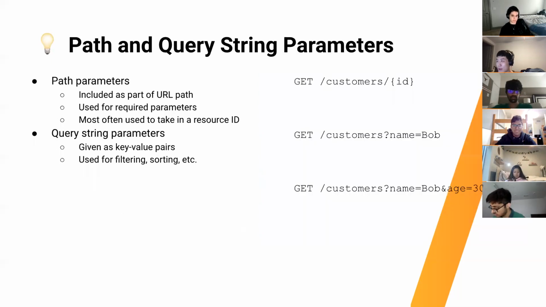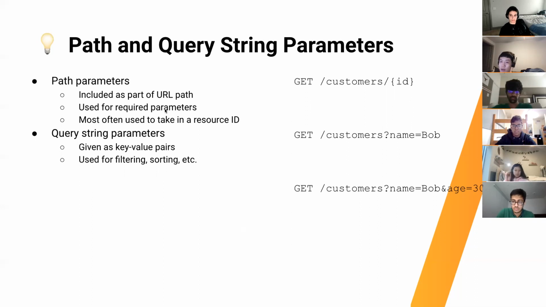Okay, so next is path and query string parameters. What these are is a different way to send more data with your request, basically. So path parameters, usually they're used for required parameters.